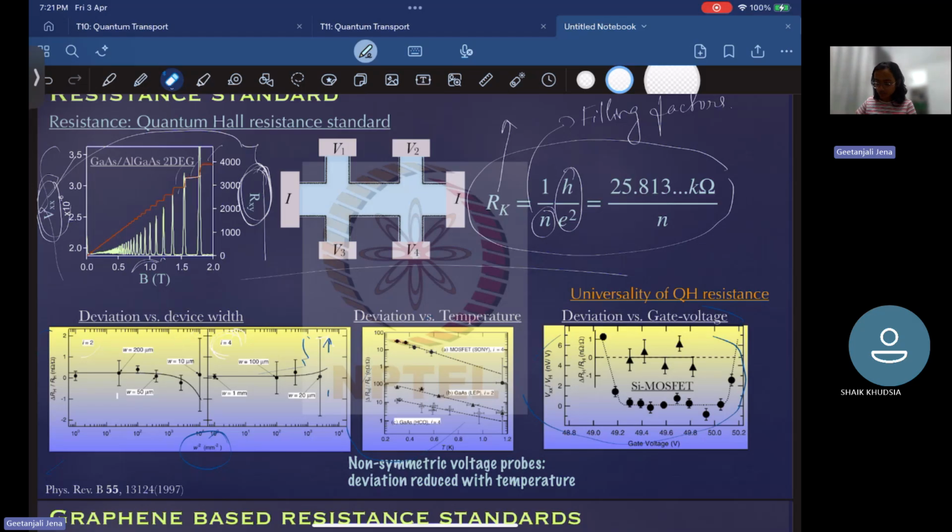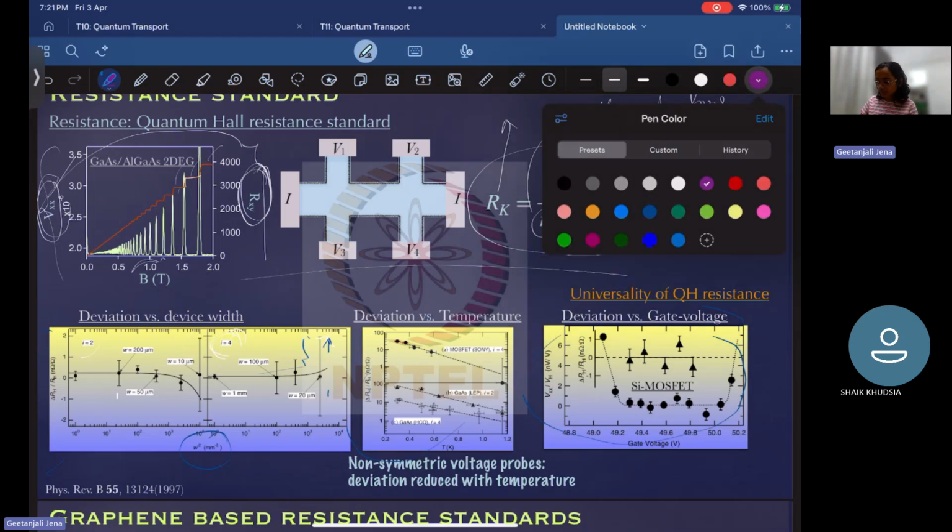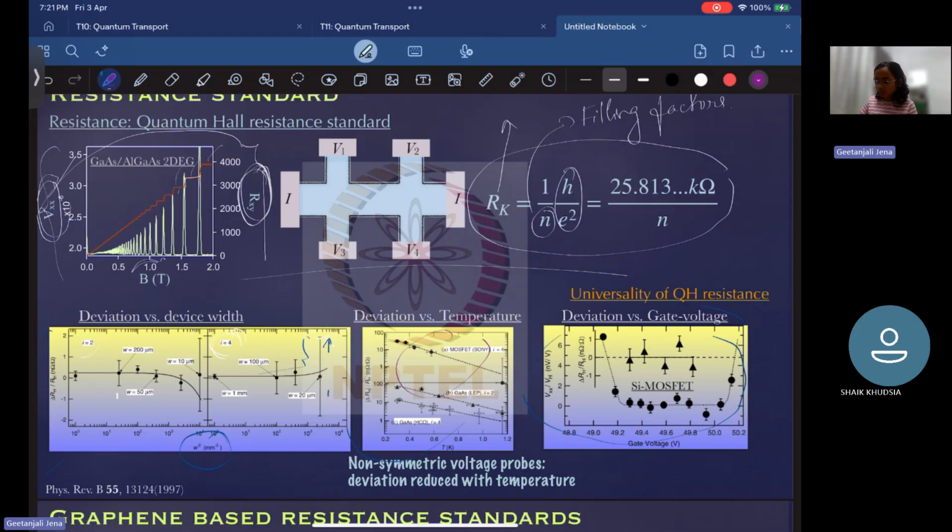So even if we are increasing the width, the geometry, the temperature or the carrier concentration, the errors are quite small. Error being small means the resistance is not fluctuating even if we change the geometrical parameter or take a different material.